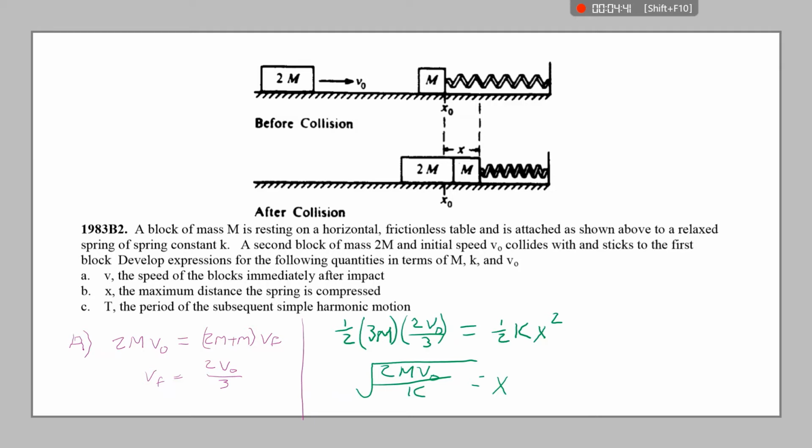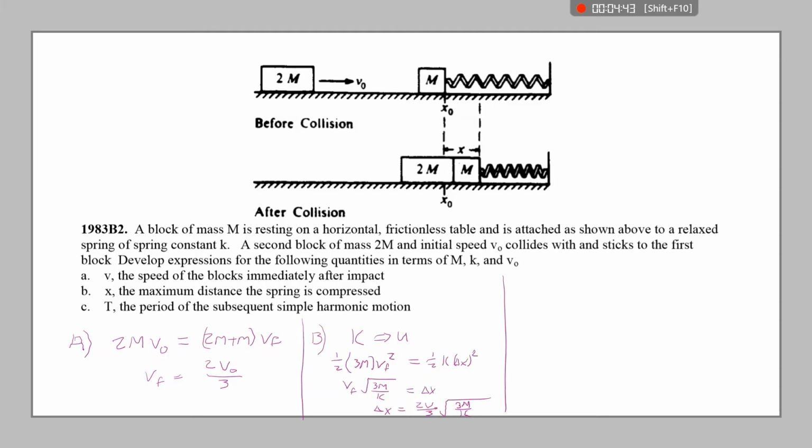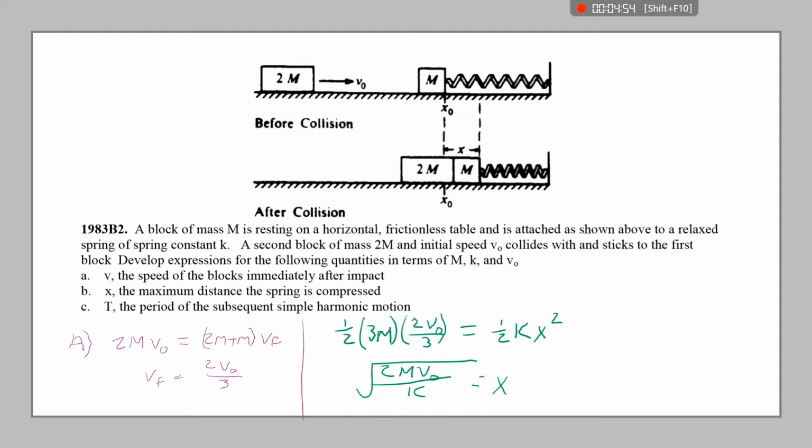Period for the spring is 2 pi square root. Oh, wait, hold on, sorry. There's a minute mistake here. This is v squared. So it's 4 over 9 and then 3, 3. So 4 over 3.